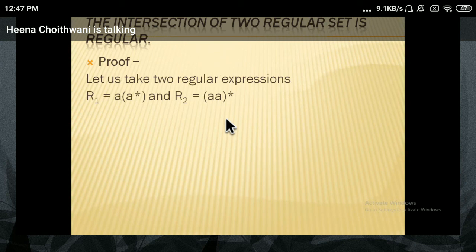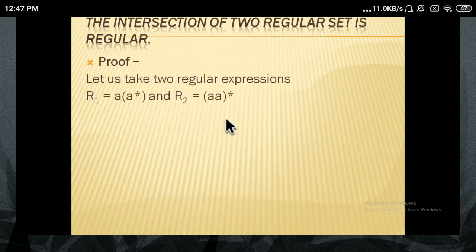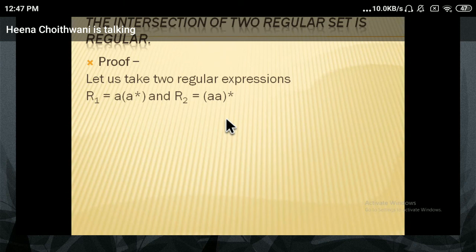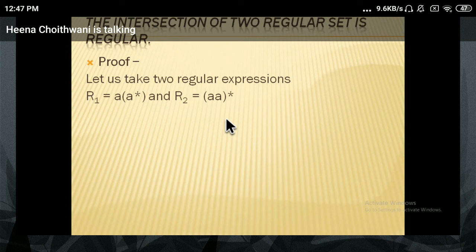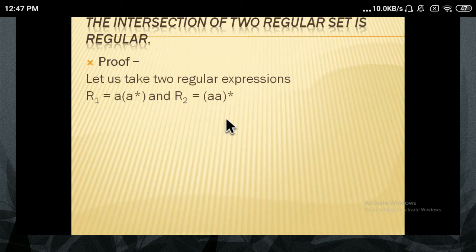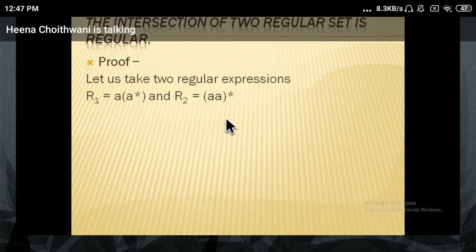Let's look at R2. Tell me the strings which we'll be having in R2. Double A will be the first one, then 4 times A. So that is nothing but all strings of A in even length. Yes, R2 will have all possible strings of A in even length, right?